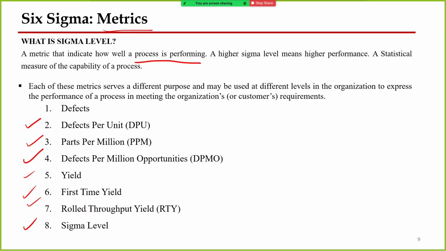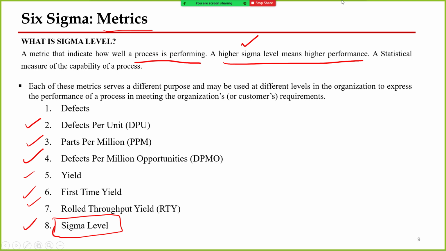Ultimately, we are interested in identifying the sigma level of our process, which indicates our performance level. As we have discussed earlier, the higher the sigma level, the higher the performance level. And how can we increase the sigma level? By reducing the standard deviation, or by reducing the variation.